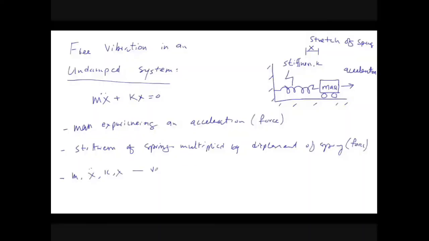So m, x, k, x are in vector and matrix form for a multi-degree of freedom system. If you are analyzing a multi-degree of freedom system, that same equation will be used, but the only difference is that mass will be a matrix, k will be a matrix, and x and x double dot will be in vector form.